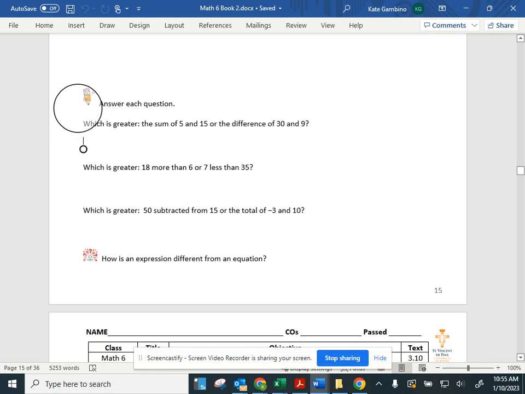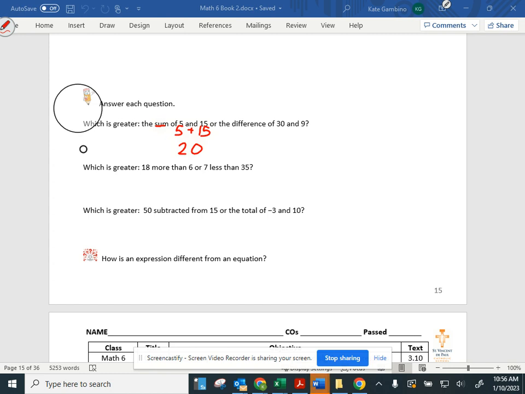Which is greater, the sum of 5 and 15 or the difference of 30 and 9? So you have to ask yourself, what math am I doing? What would be the solution? So the sum of 5 and 15, what would that be? Aiden H? 15 plus 5. Yeah, it's 5 plus 15. So what is the sum of 5 plus 15? 20.